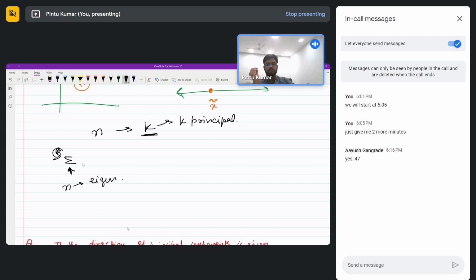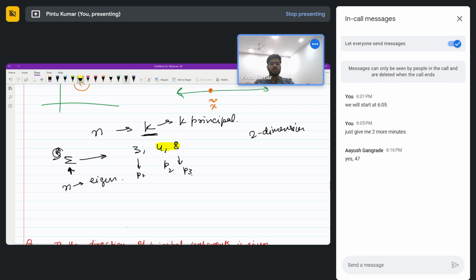So for example, let's say you got eigenvalues as 3, 4, and 8. This is just a fictitious example, and you have P1, P2, and P3. You want to reduce it only to a two-dimensional space. Then you will choose these two, 8 and 4.